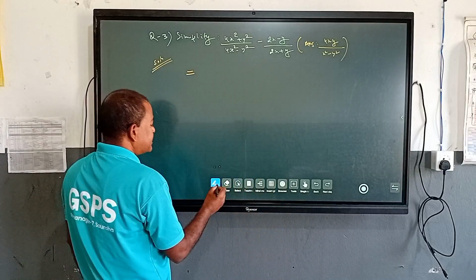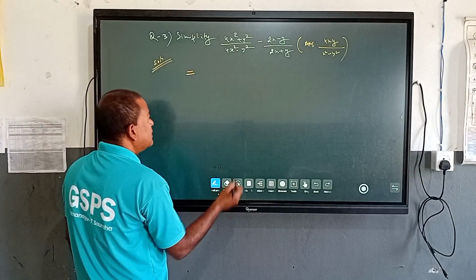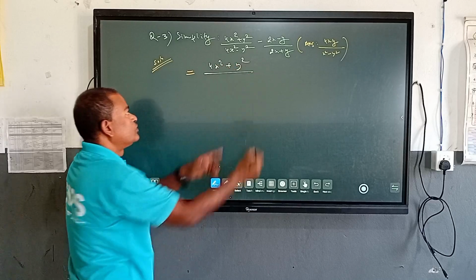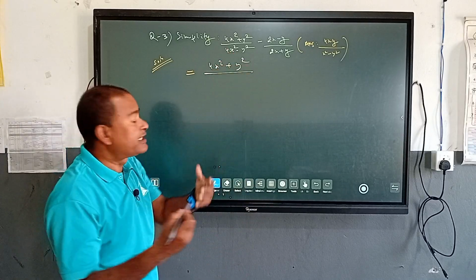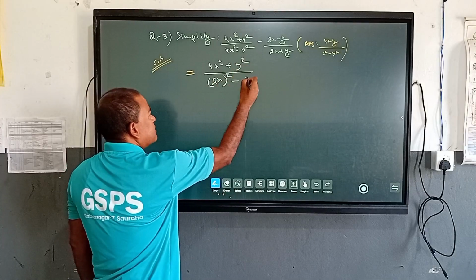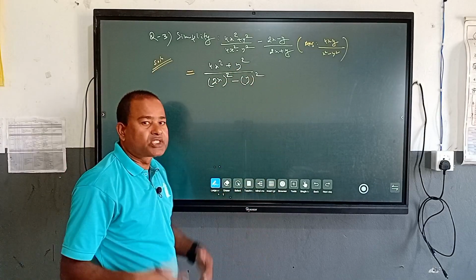So dear students, let us first factorize the denominator. That means 4x² we can write as (2x)² − y², which is already in square form.